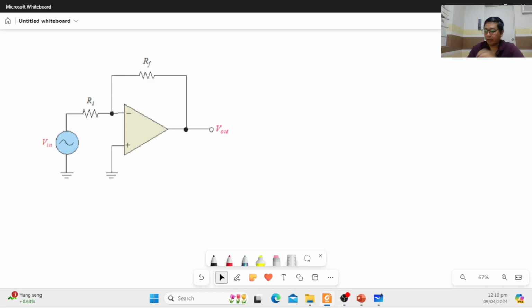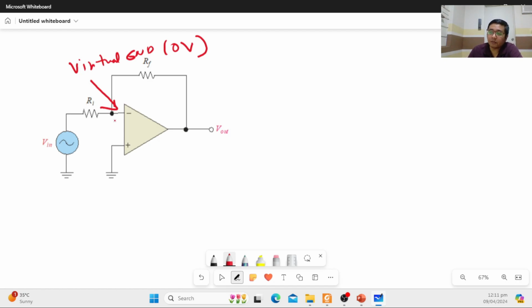Let us now derive the equation for the closed loop voltage gain of an inverting amplifier. But before that, we should write down some of the parameters of our circuit. So at this point, we know that this is our virtual ground. So it means that it is at 0 volt potential.